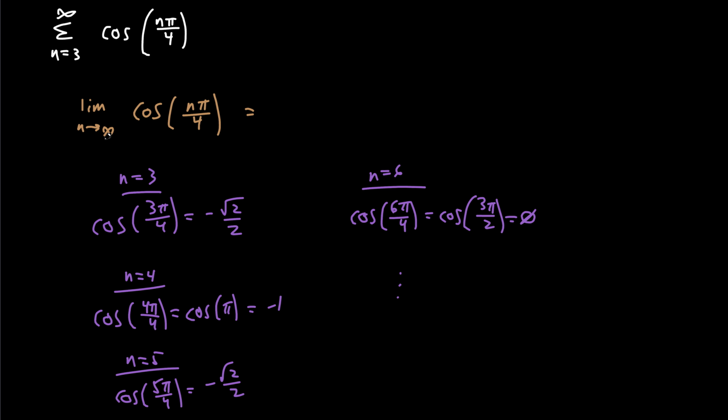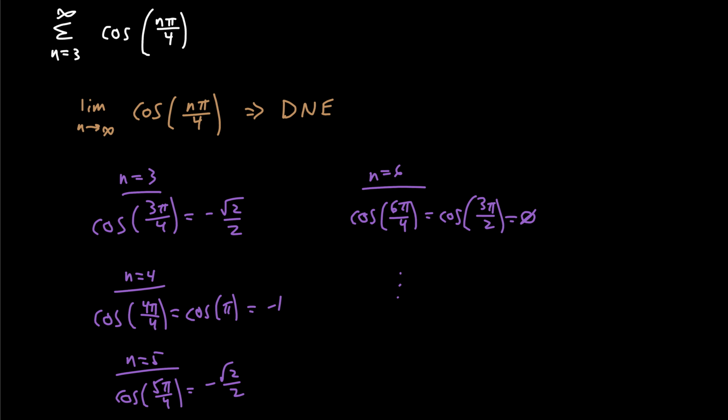So what that means is that this function, as I go towards infinity, is going to be oscillating. And that tells me that this limit does not exist. If the limit is oscillating, we won't know what the final value of that limit is because it's going to continue to go between numbers. And so we're going to have a limit that doesn't exist.